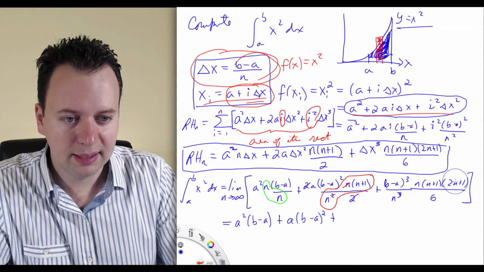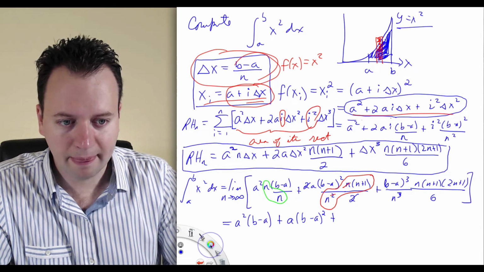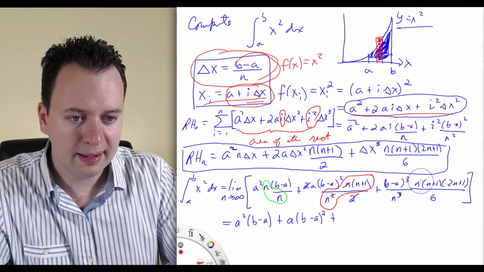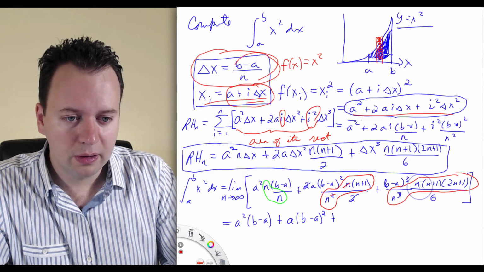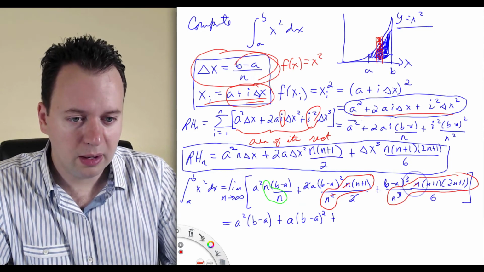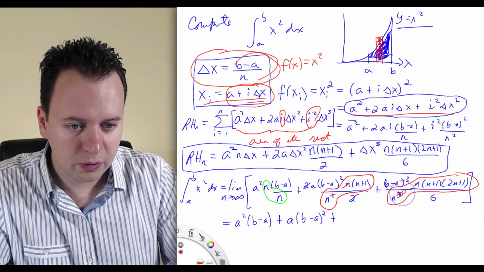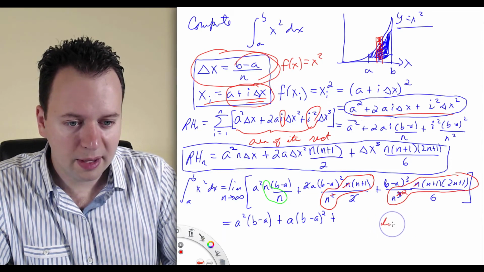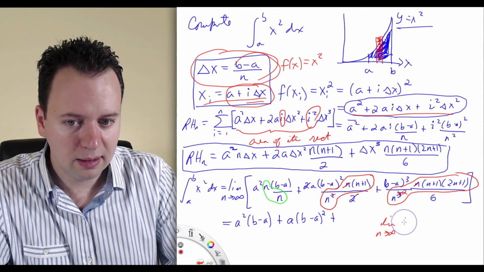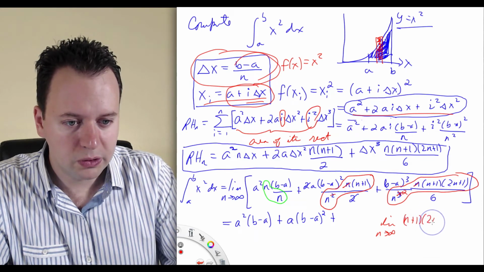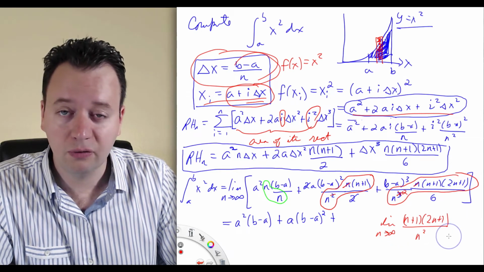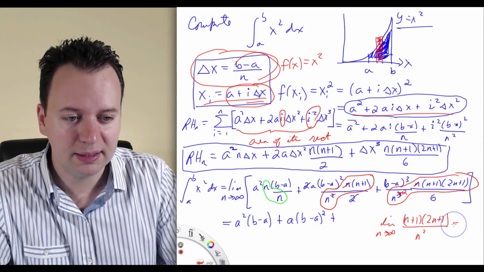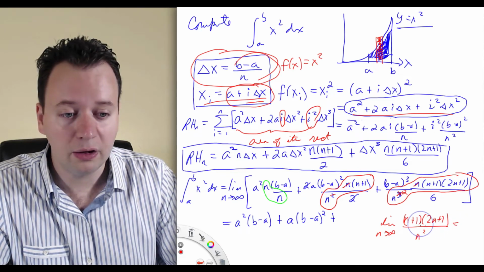And then plus this last term, the relevant part here is n times n plus 1 times 2n plus 1 all over n cubed. So we can cancel this one out, and we can change that cubed to a squared. So when we take the limit as n goes to infinity of n plus 1, 2n plus 1 over n squared, we have a quadratic function of n in the numerator and a quadratic function of n in the denominator, so the limit exists, and it's just equal to the ratio of the leading coefficients.